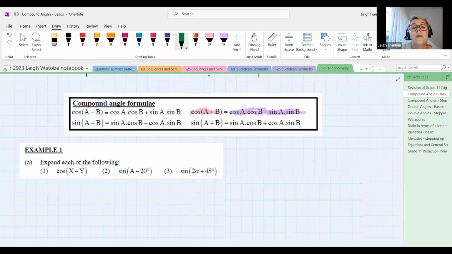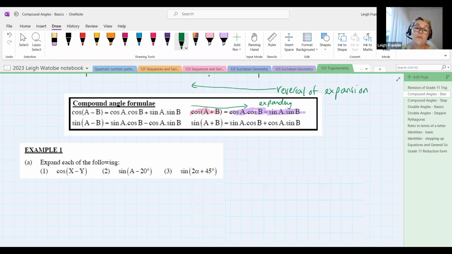Going in this direction, I am expanding. And going in that direction, I'm doing the reversal of the expansion.